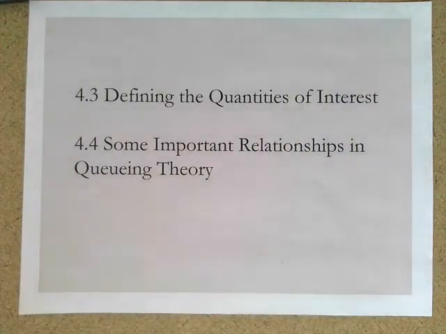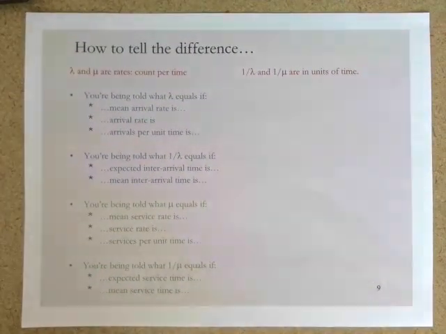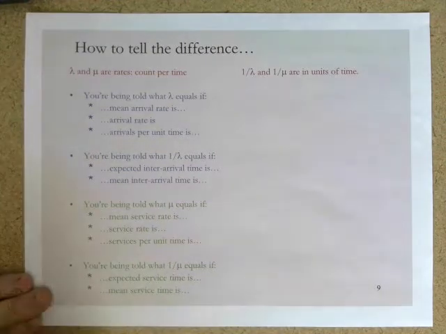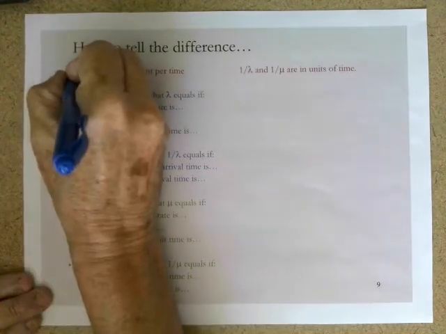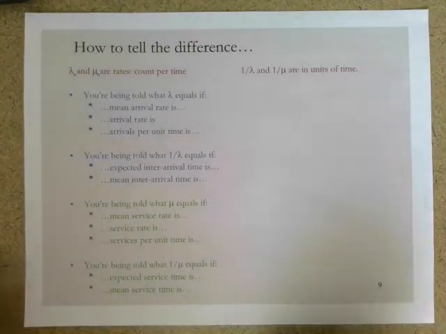One of the things that students often get a little bit stumped by, or tripped up by, I should say, is when a problem expresses, are they expressing mu or lambda, or are they expressing 1 over mu or 1 over lambda? So just as a reminder, if we're talking about lambda and mu, or for that matter, lambda n and mu n, if it was state dependent, these are rates.